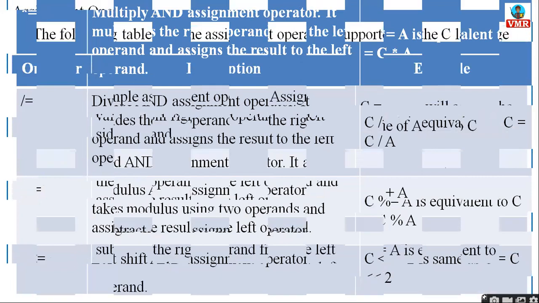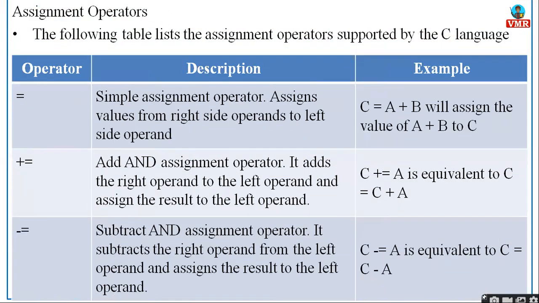These all are different types of operators in the assignment operator group. The following table lists the assignment operators supported in the C language. The simple assignment operator assigns values from the right side operand to the left side operand. So if I give C is equals to A plus B, the value is assigned to the variable C.